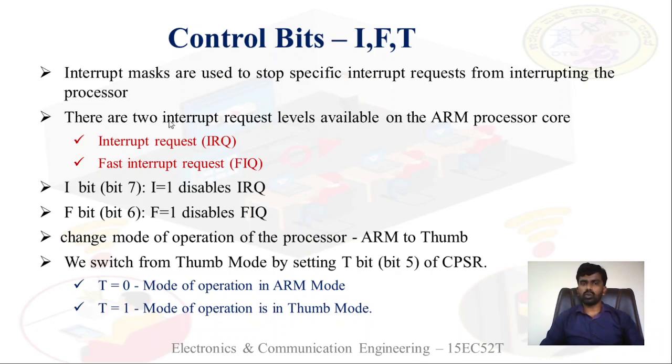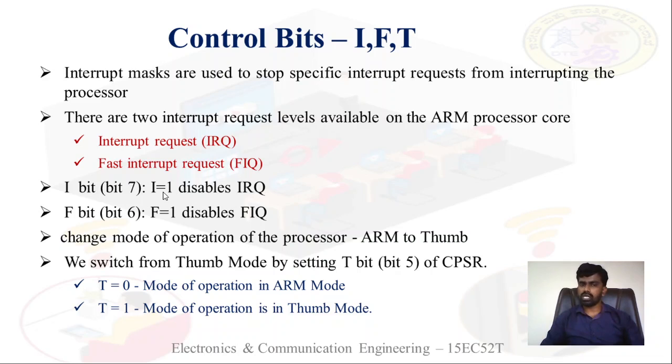So there are 2 interrupt request levels available on the ARM processor core. The first one is interrupt request and the second one is fast interrupt request. Bit number 7, I: if I is equal to 1, it disables IRQ.